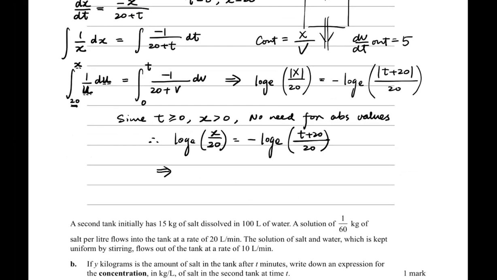And it should give you x equals 400 over t plus 20. That's it.